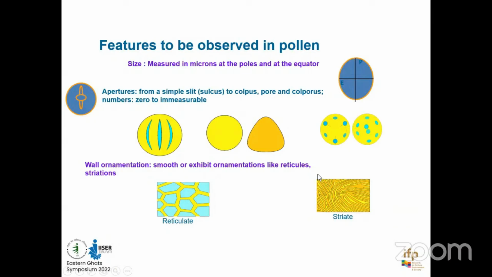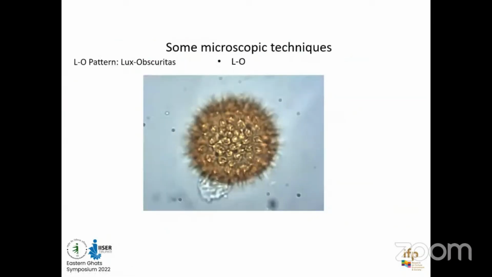So what I'm going to do now is actually to show you how it looks under the microscope. So this is a pollen grain of Sida, and when we look at it under the microscope, so I hope you can see the video playing.